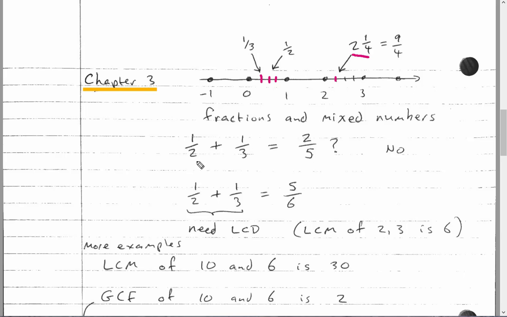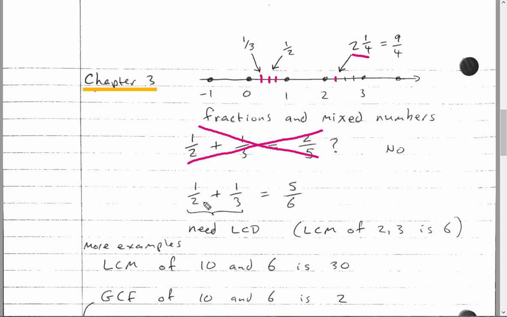So how do you add, for example, 1/2 plus 1/3? Do you just add the tops? 1 plus 1 is 2. Add the bottoms. 2 plus 3 is 5 on the bottom. No, I wish it was that easy. And I know I'm going to see that a lot in the homeworks, but that's not the way to do it. Unfortunately, it's more complicated, so you need a common denominator when you're adding fractions, so we'll look at that.